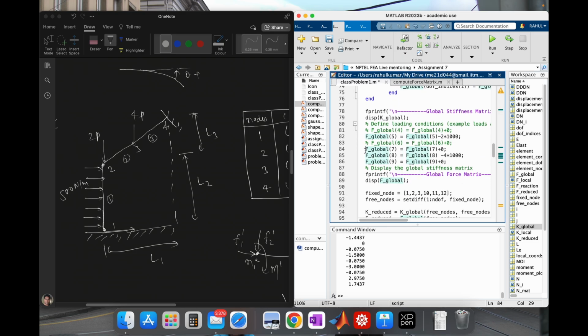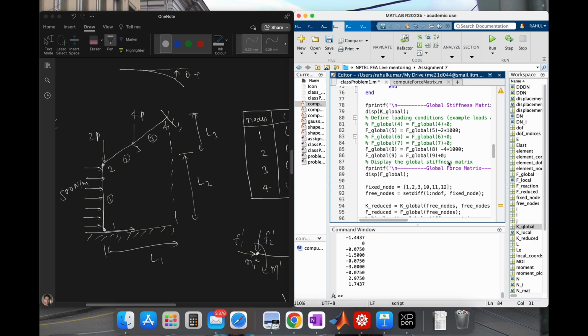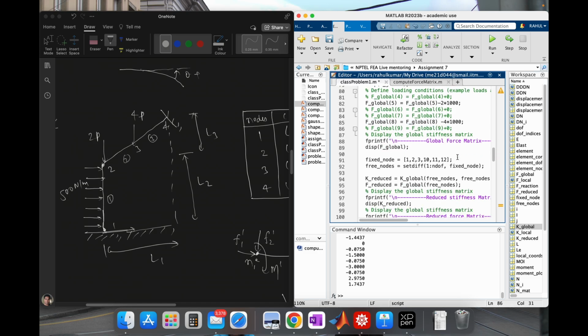But when I talk about 1 2 3 4 5 6 7, F7 is 0, and F8 is in the vertical direction, so that's why I am using minus 4000, and there is no such force and moment at 9, so I can also comment it, it won't matter here.